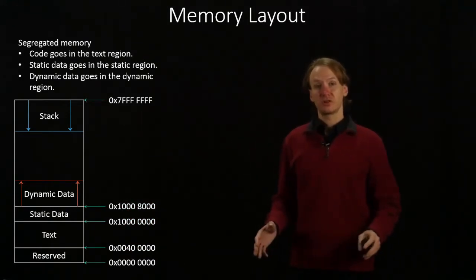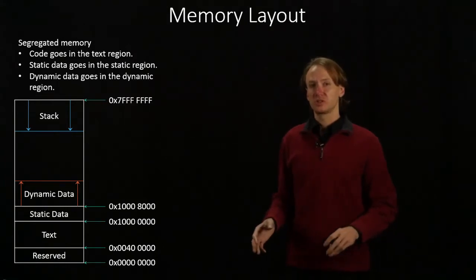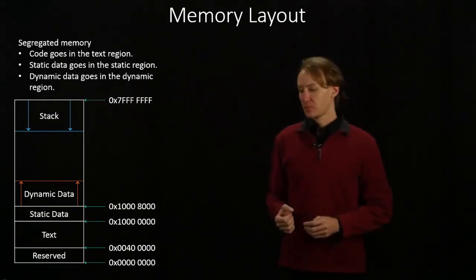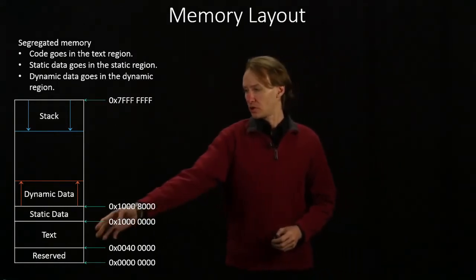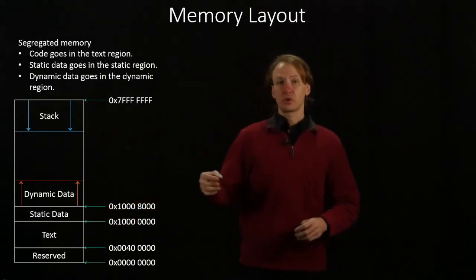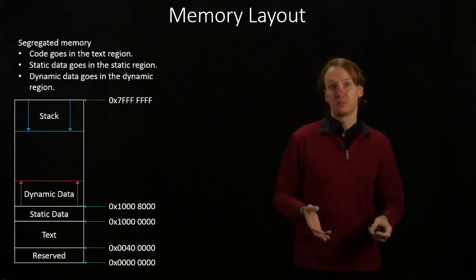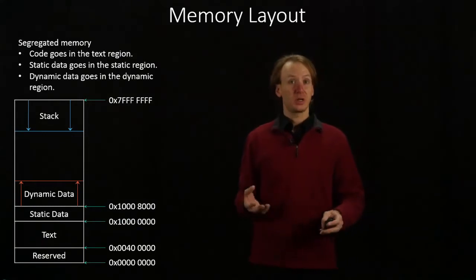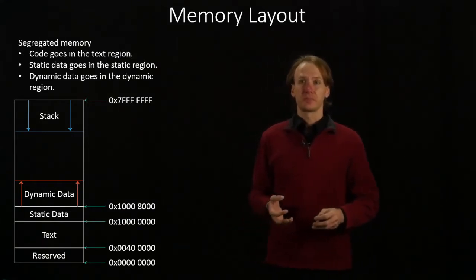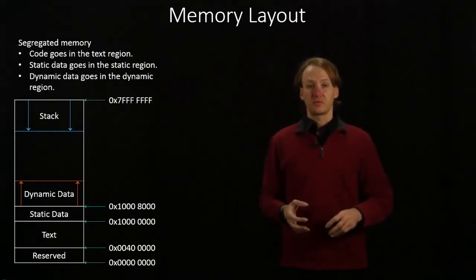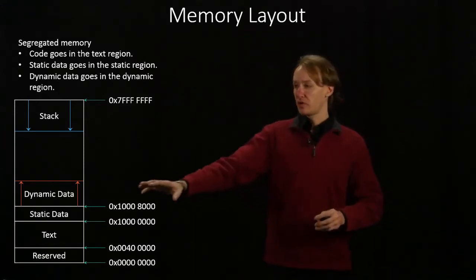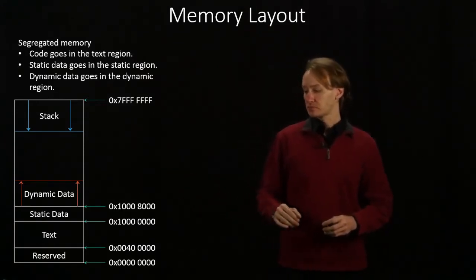In contrast to some other architectures, we have separate regions for different types of data. So instead of throwing all of our code in with all of our data, we're going to put those in separate parts of memory. This has some advantages to it and some disadvantages. But for our purposes, this will make a lot of our memory really simple.